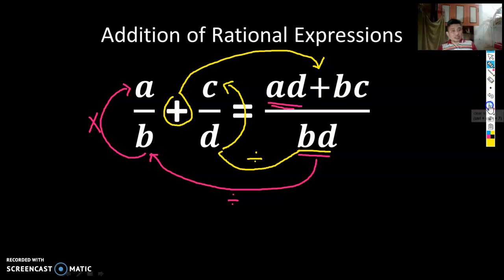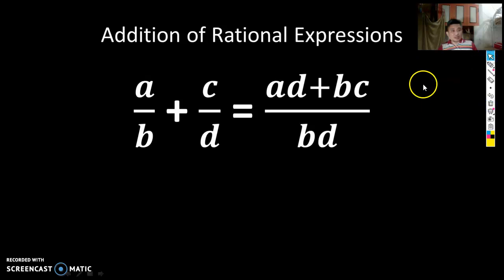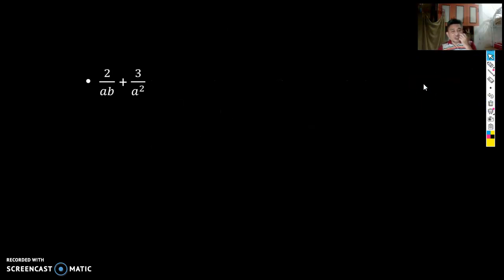Okay, so let's start with this. Example number 1. So how do we solve this one?